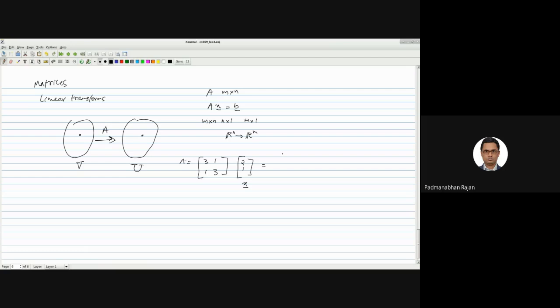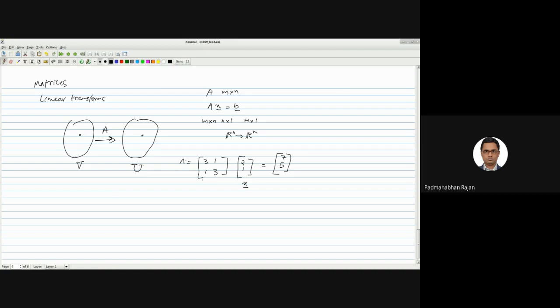So what will this give me? 3 times 2 is 6 plus 1, 7, and 2 plus 3, which is 5. Oh, sorry. In this case, this was a square matrix, so that is why it is still in the same space.